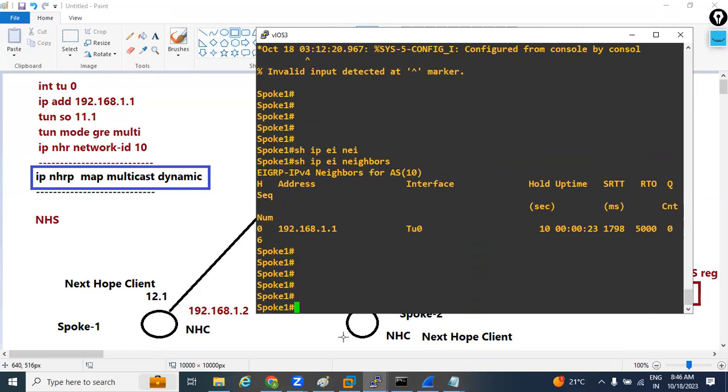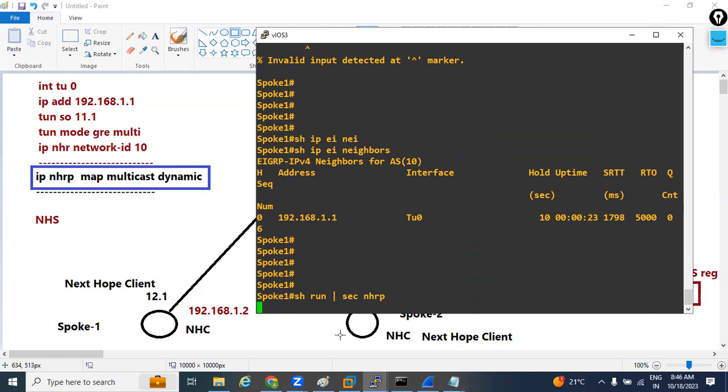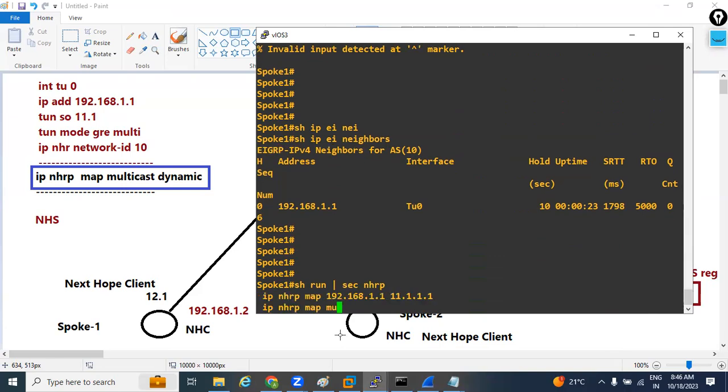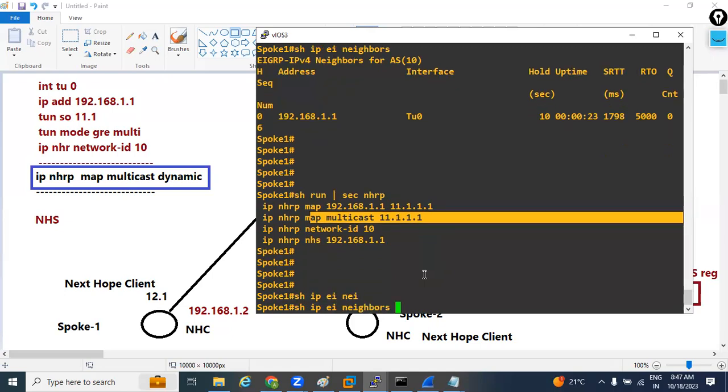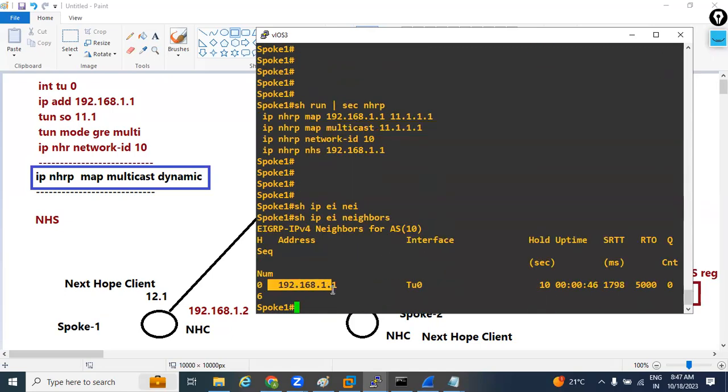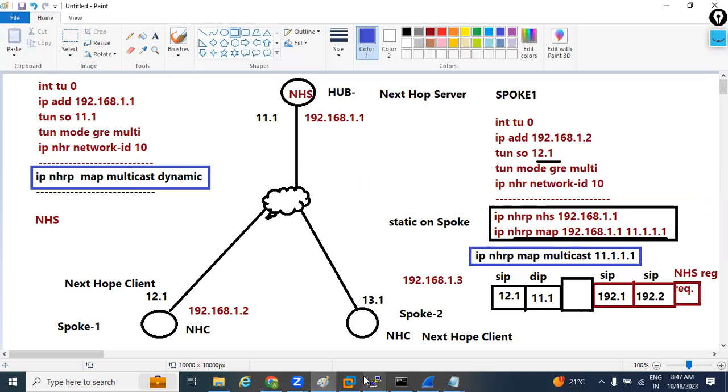Because if you remember, in show run section, in the mapping I have defined it just for the NHS, not for the NHC. You can see multicast is there. Clear or not? NHC you cannot define. Show IP NHRP neighbor: how many neighbors? Only 1, which is the hub.